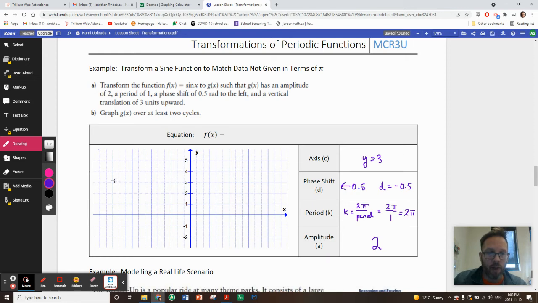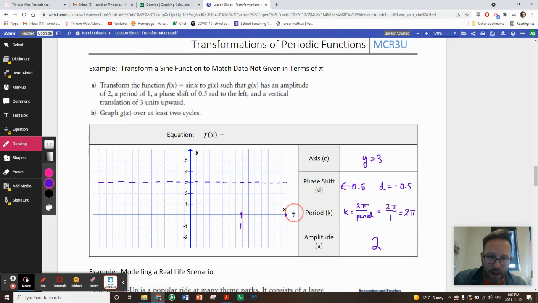And now we can sketch that. Draw in the axis. Okay, now that we know that the period is 1, that's probably more cycles than we need. Period is 1, what will work out nice? You guys can do what you like.